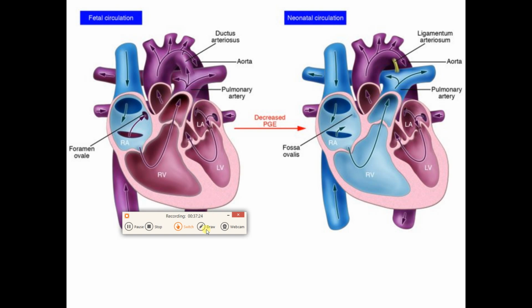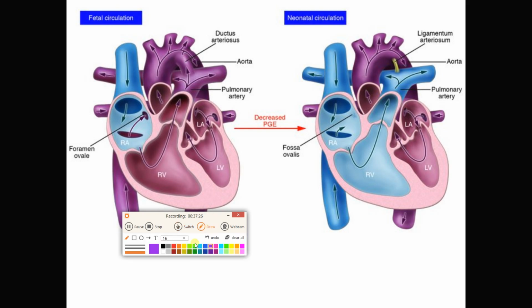Now here's where we got something else to pay attention to. There is actually a connection between the pulmonary trunk and the aorta. There's a blood vessel between them that you have in the fetus, but you don't have in the adult. It's called the ductus arteriosus.